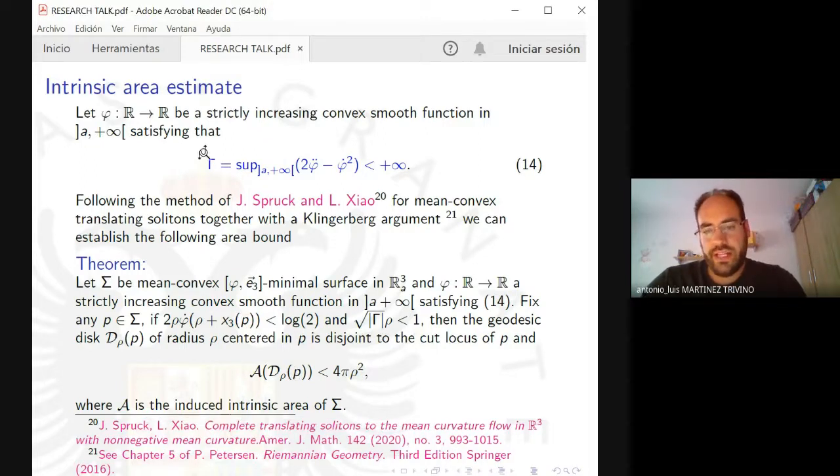Notice that we need to assume this hypothesis because Spinner used a result of Coordinate for a surface with bounded mean curvature. But in our case, we cannot guarantee that the mean curvature must be bounded. Okay, that is the first result.